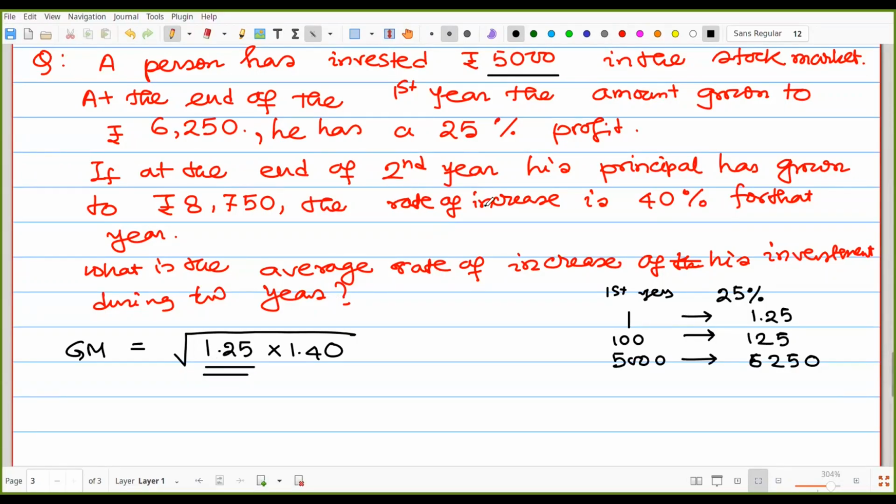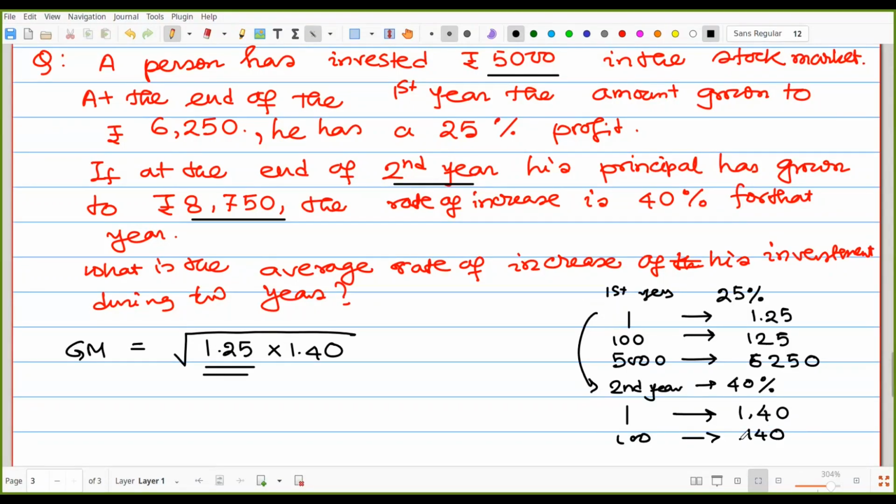Okay. Next one, the 1.25 is here. At the end of the second year, his principal has grown to 8,750. That means 40%. So for the second year, that is 40%. If someone is giving 1 rupee, then he is getting 1.40, or for 100 rupees he is getting 140.